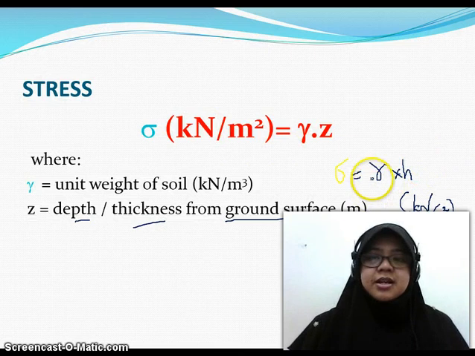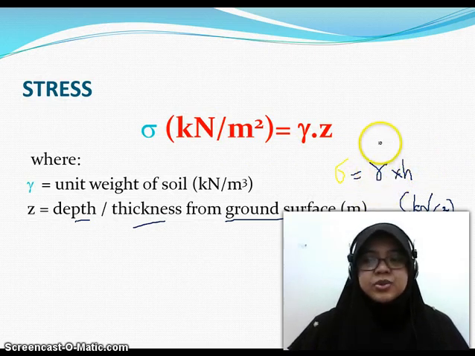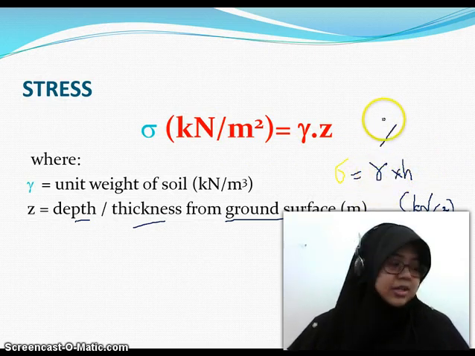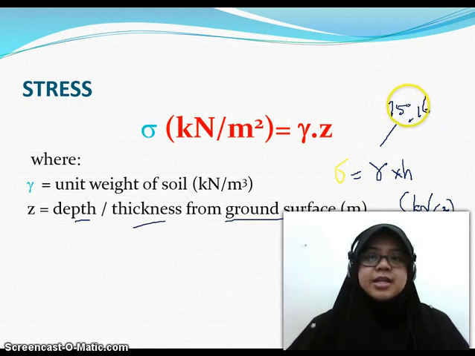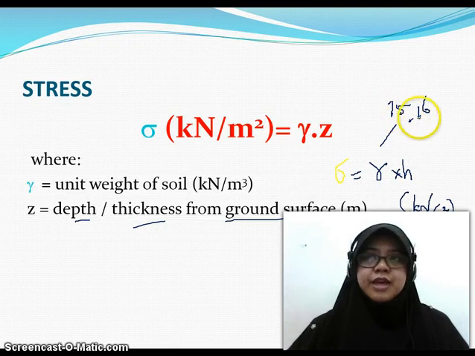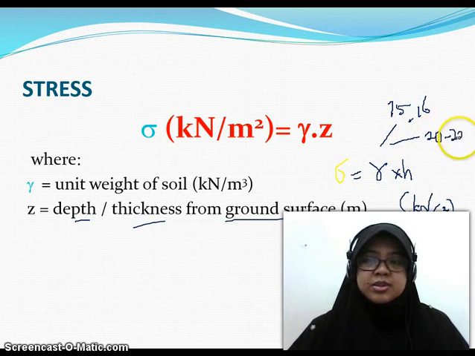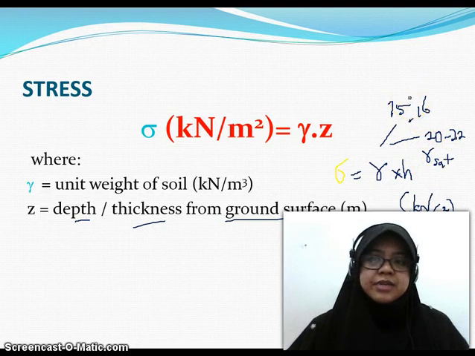Similarly, the bigger the unit weight of soil, the higher the stress. Usually it is only around 15 or 16, 17 to 18, but if we have a saturated soil, it can go up to 20 to 22 for gamma saturated, gamma sat. We have different types of gamma.